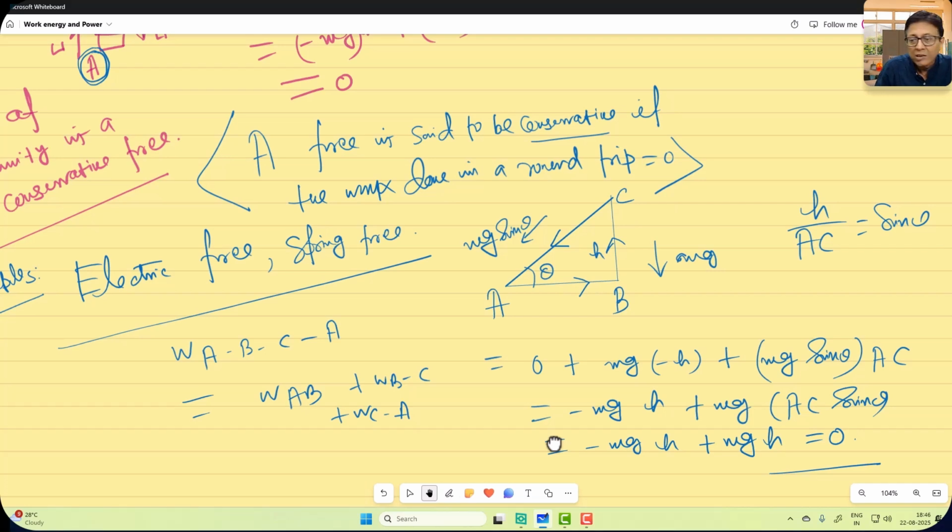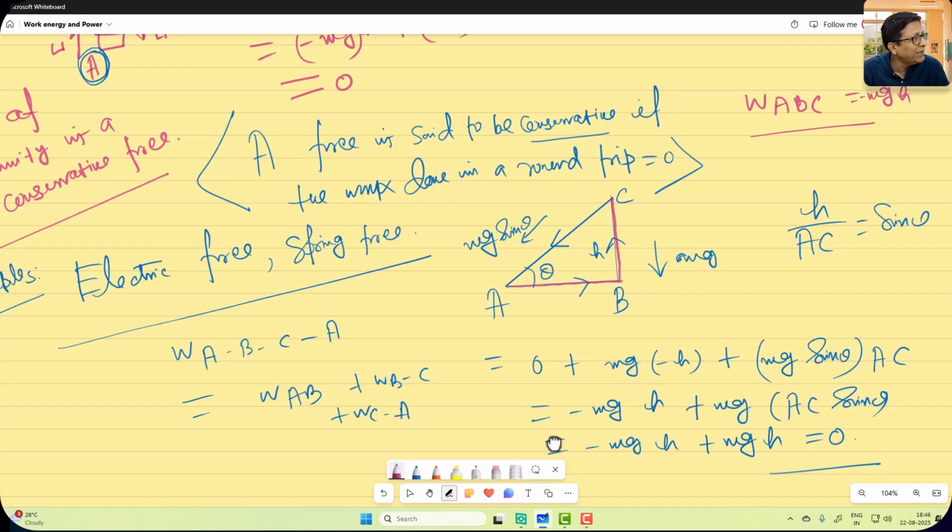Okay? Now, two things are very clear from this example. What is that? If the particle is taken from A to B and then from B to C, if you consider WABC, we have calculated it. What is that? Minus mgh.